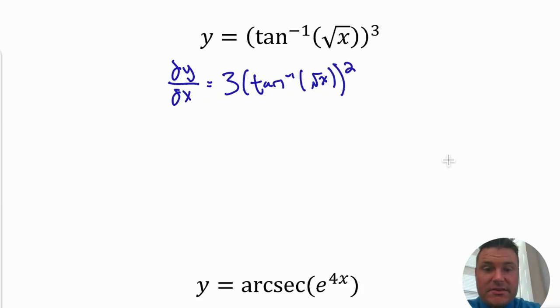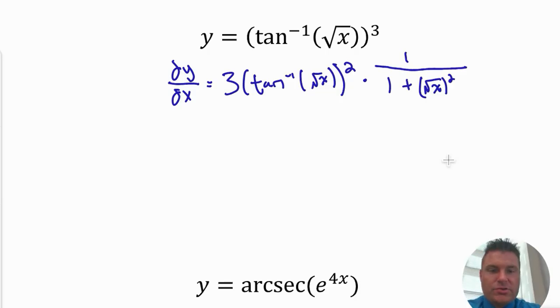Now I'm going to do the derivative of the inside here, which is, for arctan, 1 over 1 plus x squared. So it's 1 over 1 plus, in this case, our x is root x, squared, times the derivative of root x. Hopefully you have that memorized. The derivative of root x is 1 over 2 root x.